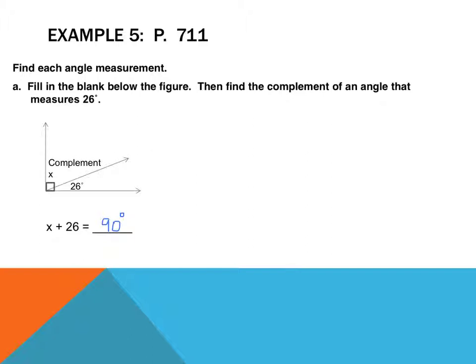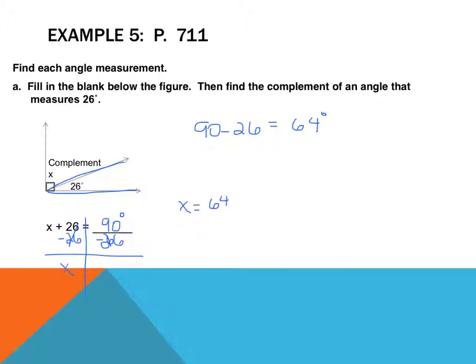To find x, if I know that this is 26, I would subtract 90 minus 26, which is 64 degrees. And that would be solved by subtracting 26 from both sides. x equals 64.